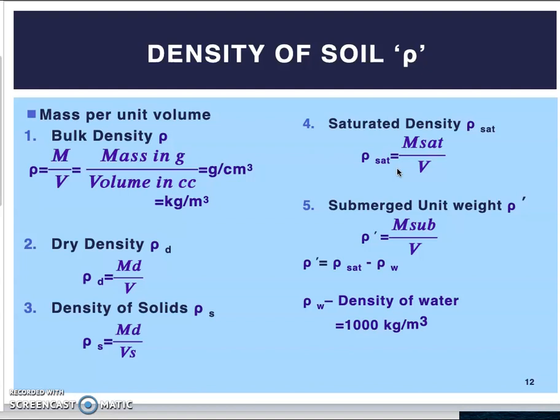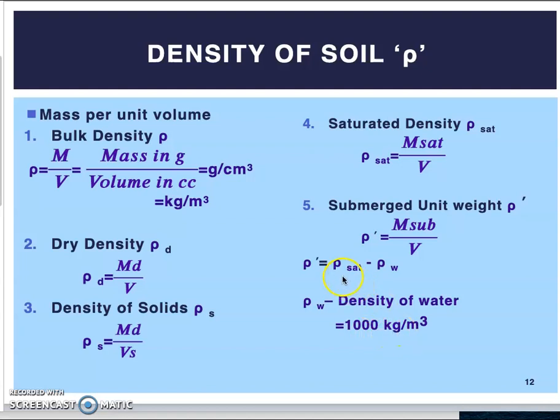Now this is a very dangerous situation. In such case the weight of the soil is going to decrease, right? And it is going to be reflected in its density as well. So submerged density rho dash will be given as rho sat minus rho w. Now what is rho sat? It is the saturated density, and rho w is density of water as 1000 kg per meter cube.